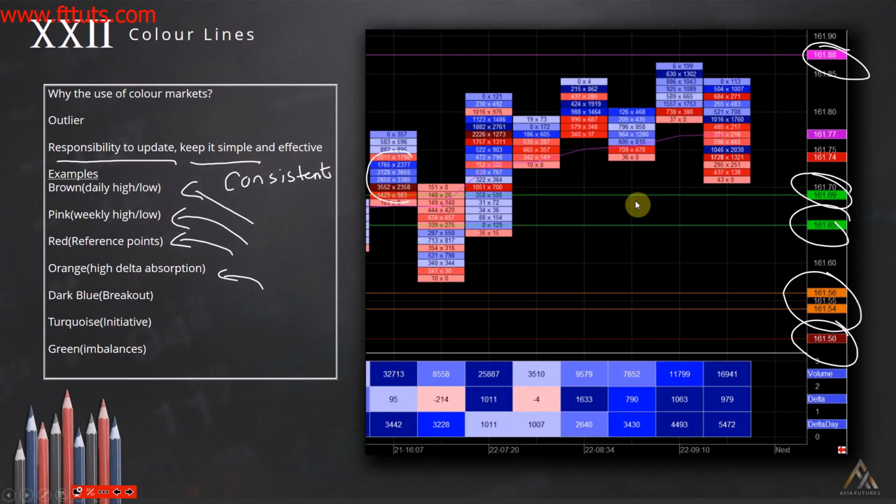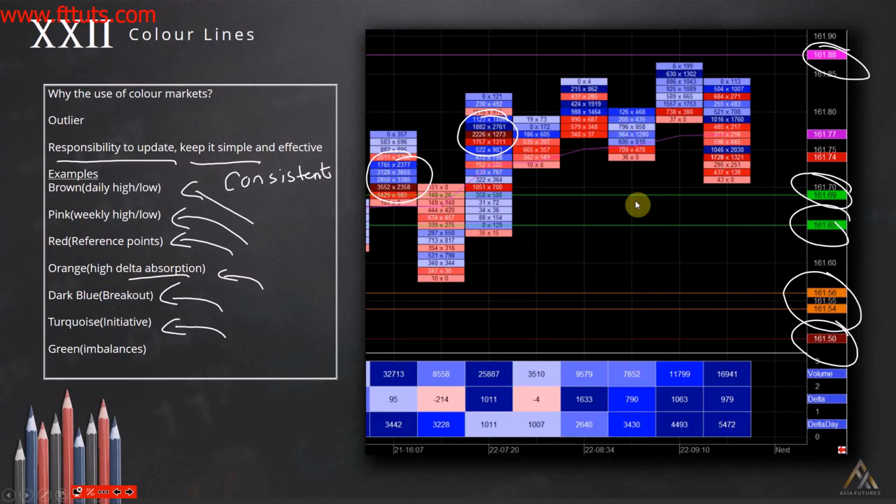Now, orange shows us high volume areas. As you can see, there's quite a lot of pockets of high volume areas, as we spoke about earlier in this unit, and where there's been high delta absorption. Dark blue is for key breakout areas, or as I mentioned in the last couple of slides, where we have tail auctions.